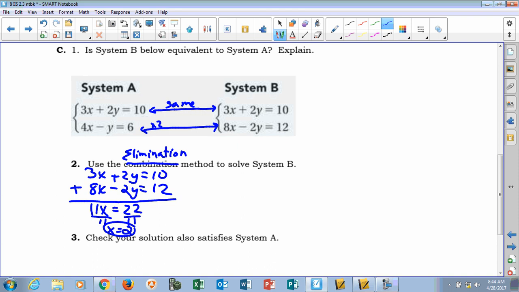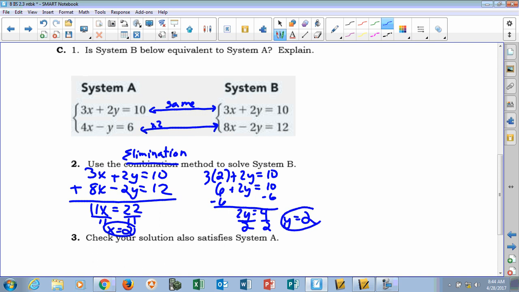Because we don't want to double this. So let's just go, I think we plugged it into the first one, right? So 3 times 2 plus 2y equals 10. That's 6. Right? Same thing that you had there on the front for number 4, right?